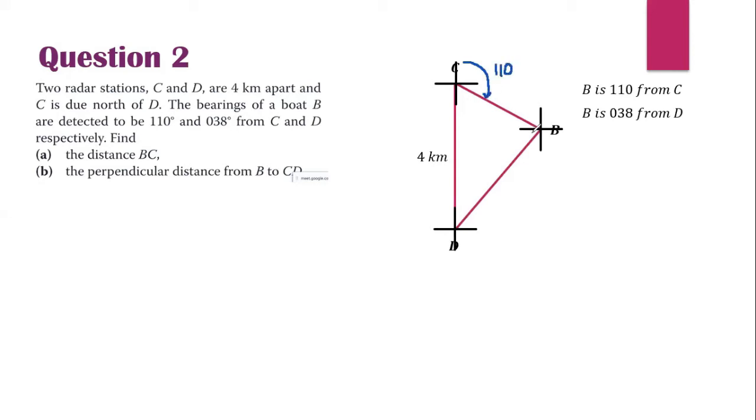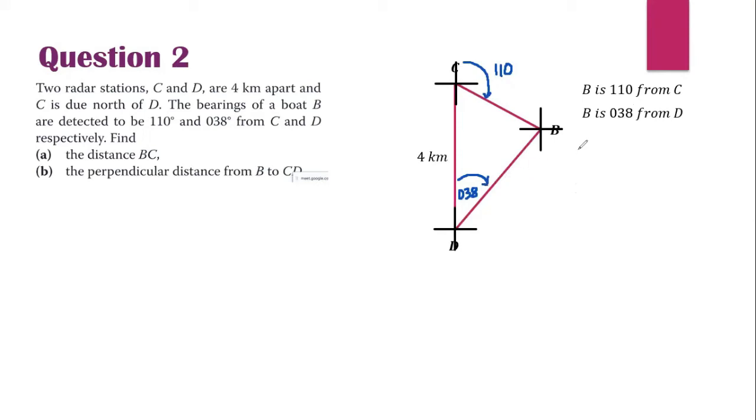And then B is 038 from D means we have to measure from north D to B, right? 038. Is it clear? Yeah? North D to B, this one, right? Clockwise, yeah? Clockwise.